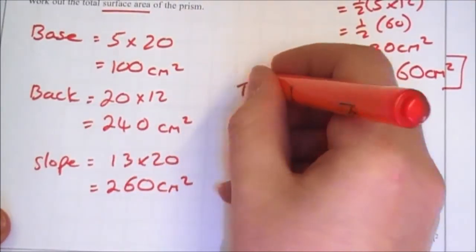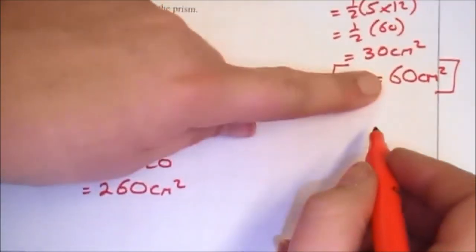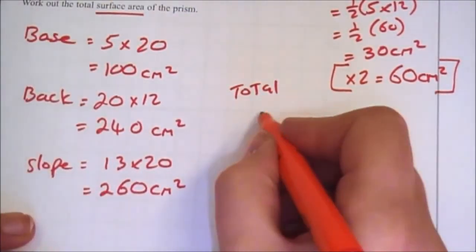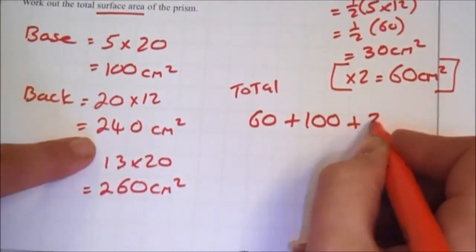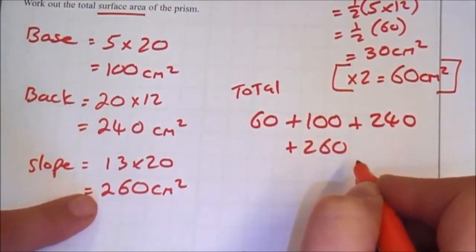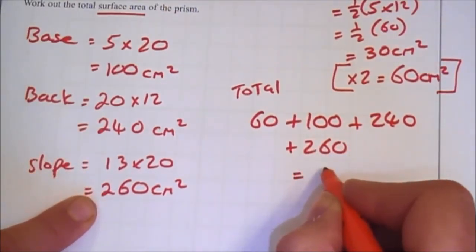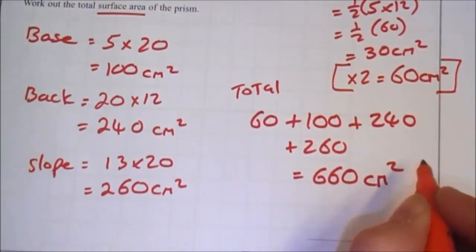Now I've done all those bits, I can find the total surface area, and that'll be my 60 from the 2 triangles, and the 100 from the base, and the 240 from the back, and the 260 from the slopey side. And when I've added them together, they'll give me 660 centimetres squared.